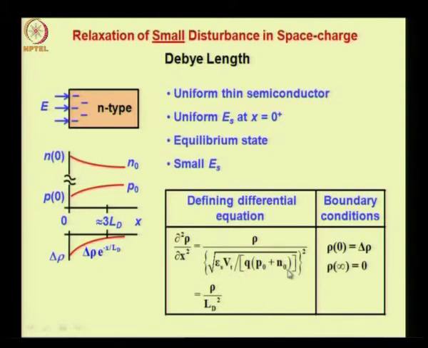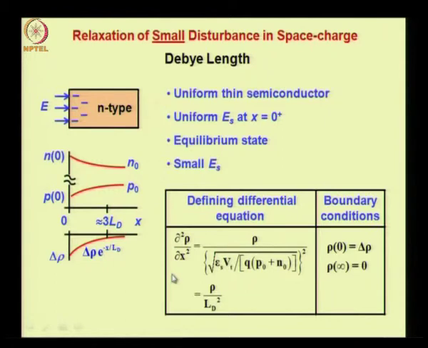So you see this formula is valid for p as well as n type semiconductors, and there is a square root sign over this. This second order differential equation is solved using two boundary conditions, one for space charge at x equal to 0, and the other for space charge at infinity, which is 0, because the conditions are relaxing to charge neutral conditions.